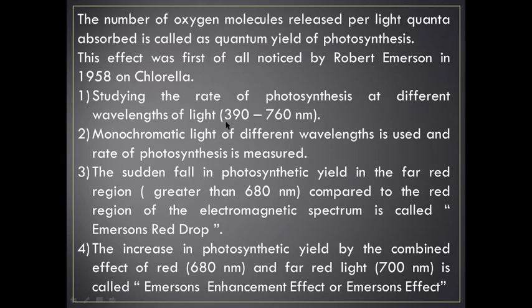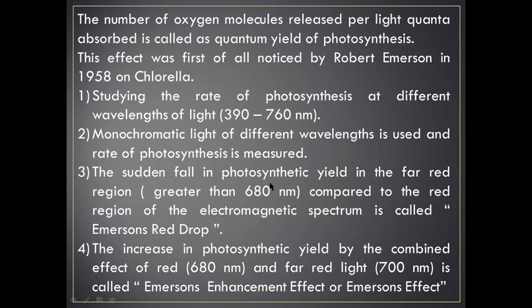Now this range of light is known as visible light. It is useful for photosynthesis. Monochromatic light of different wavelengths is used, and the rate of photosynthesis is measured.